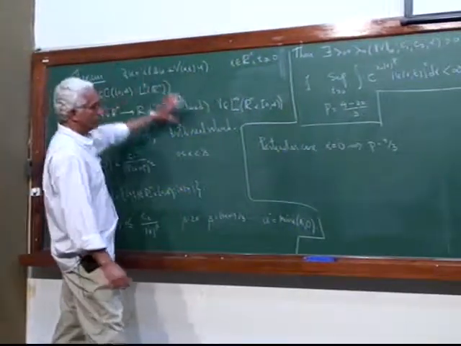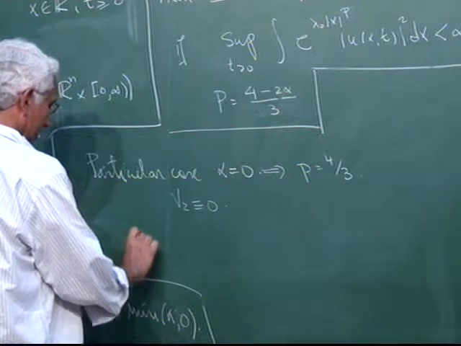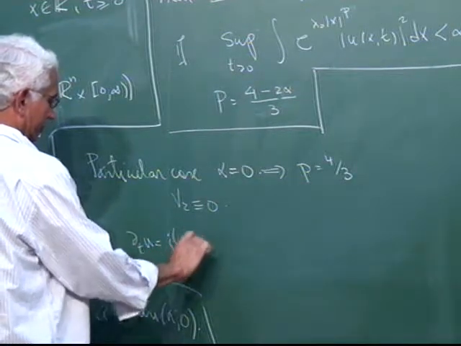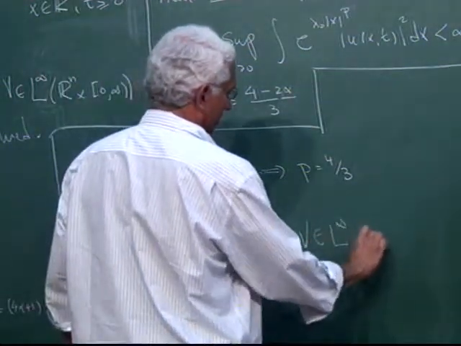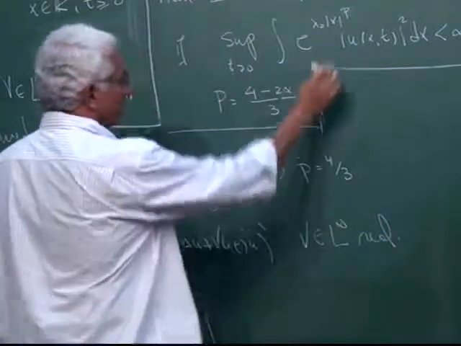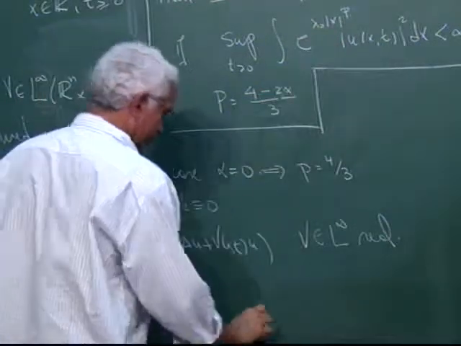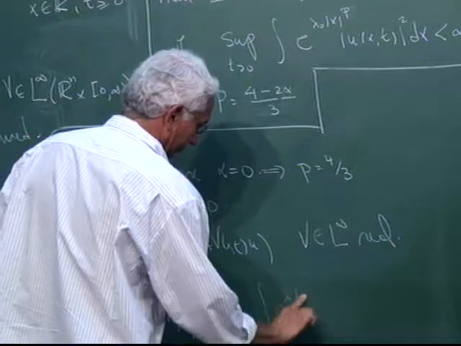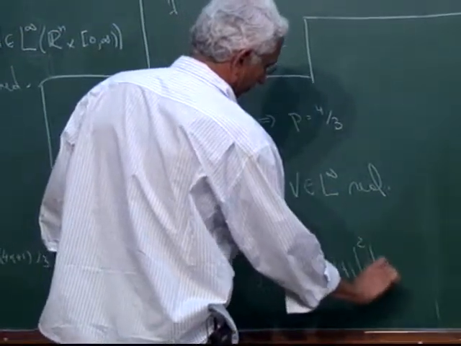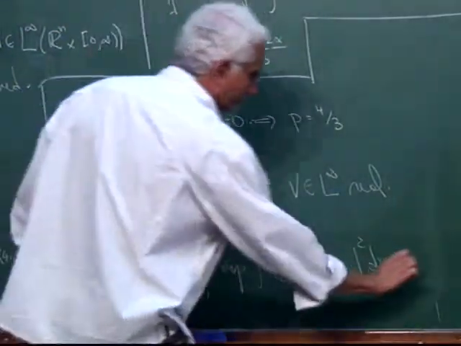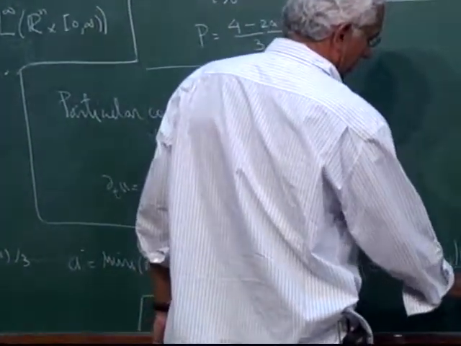That means for a bounded, real valued potential B, if you have a solution of this, then the solution cannot decay with power 4/3 and arbitrarily large lambda, for all lambda. That implies that you see.